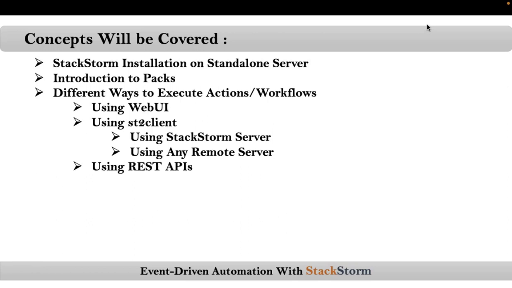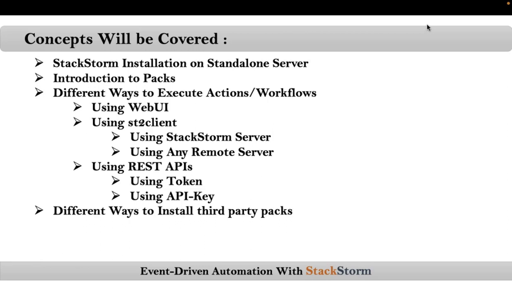For REST APIs, there are two ways, which differ with respect to authentication. We can use either a token, which is valid only for 24 hours, or an API key, which is for lifetime. Then we'll go through the different ways to install third-party packs.